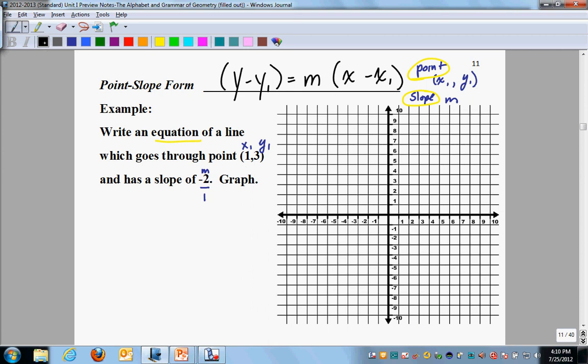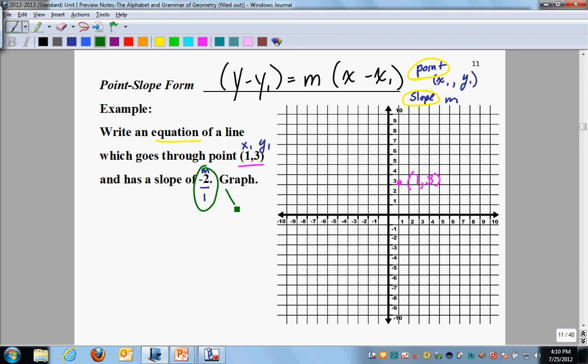So to graph this, all we need to do is plot that point right here, over 1, up 3. Always label your graphs. This is graph 1, 3. That's that point.